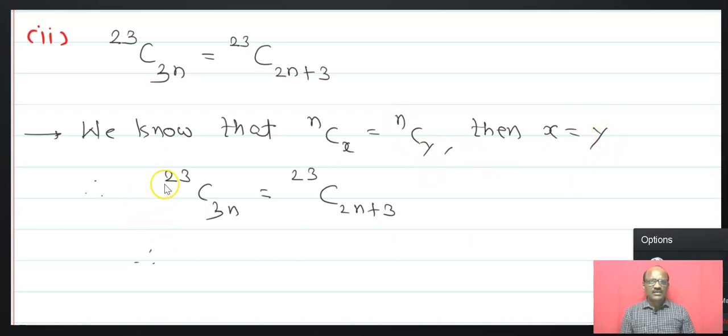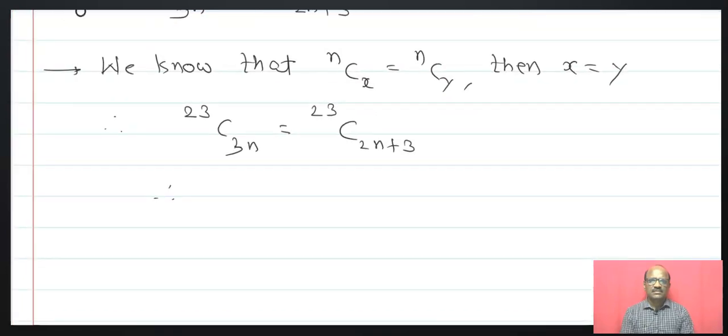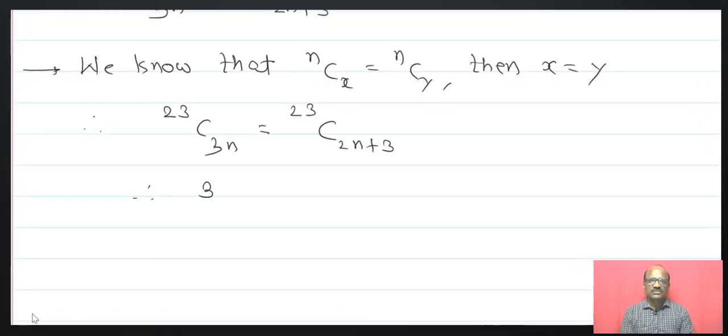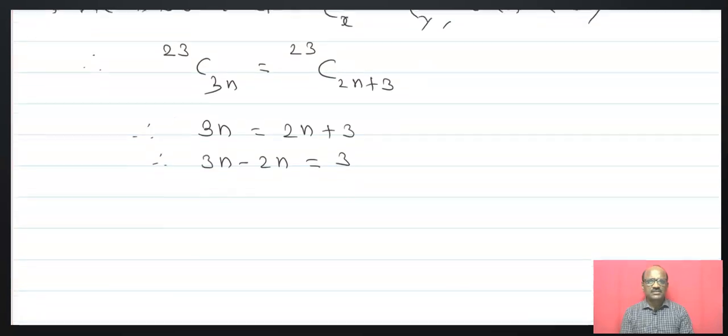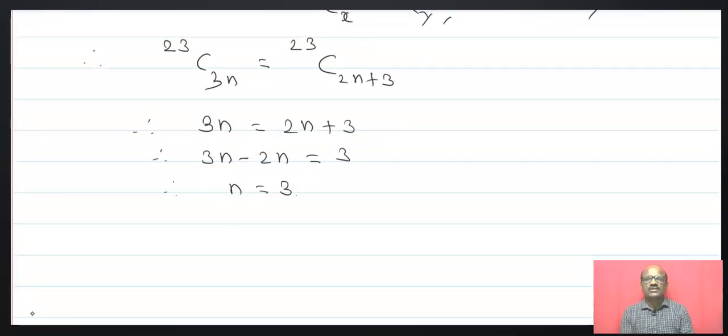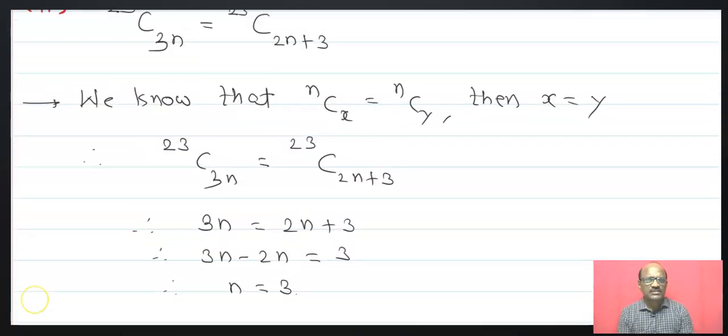Now what is here? 23C3n is equals to 23C(2n plus 3). That is equals to, now 3n is equals to 2n plus 3, and that gives n is equals to 3.